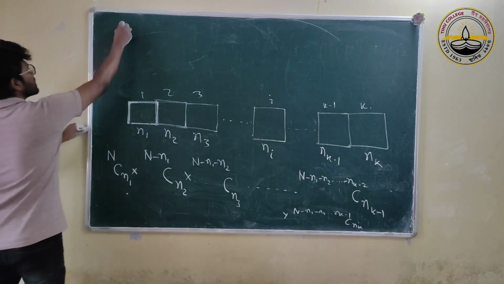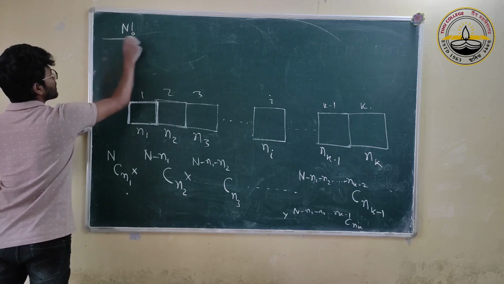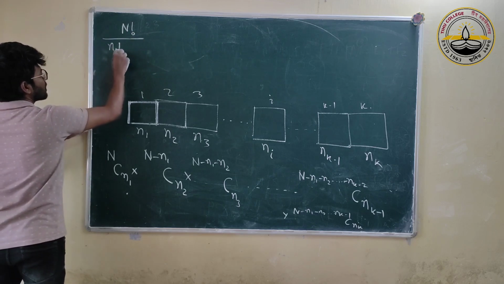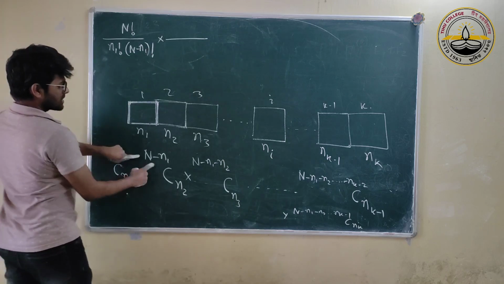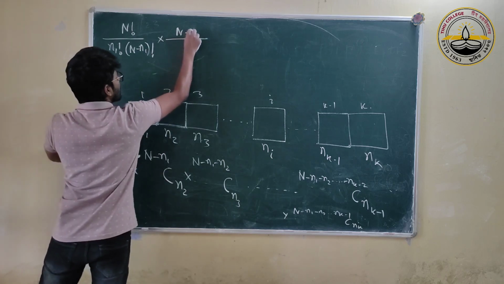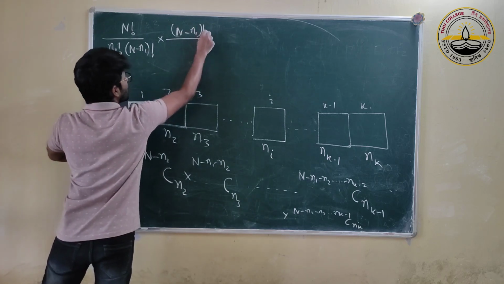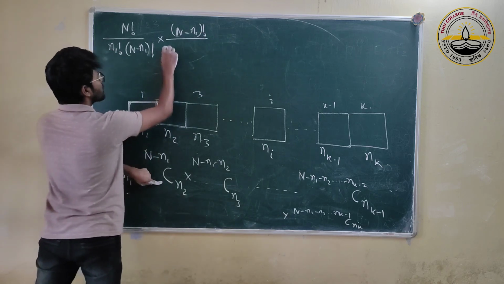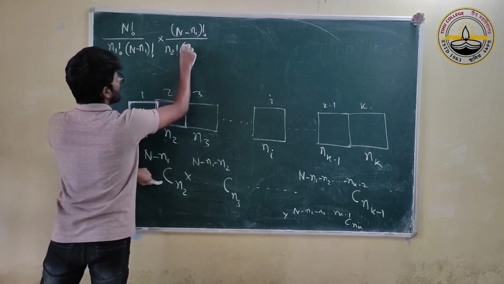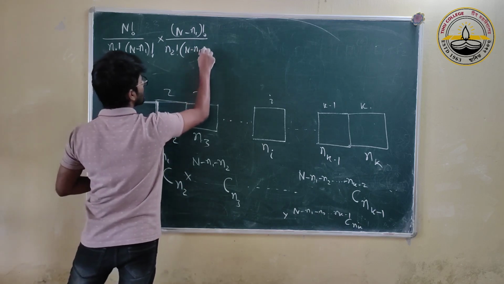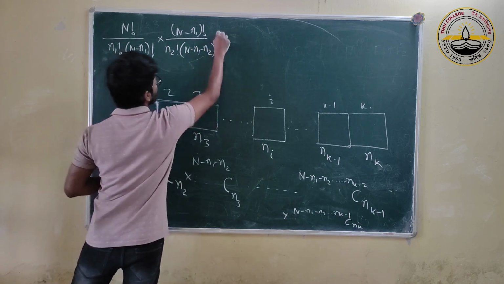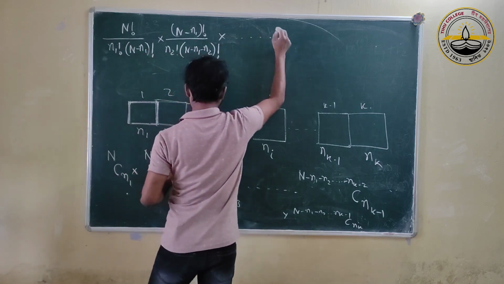So nCn1 is what? n factorial by n1 factorial, (n minus n1) factorial. This is (n minus n1) factorial by n2 factorial, (n minus n1 minus n2) factorial. Dot dot dot.